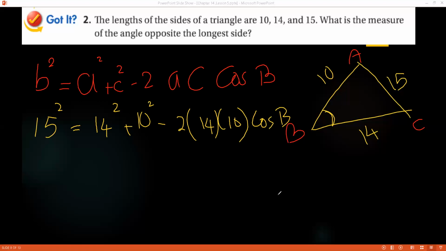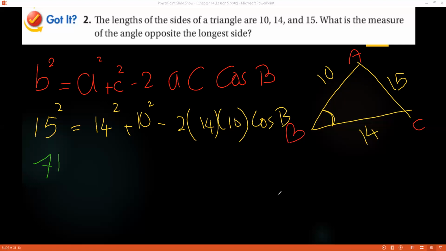Then now, 15 squared minus 14 squared minus 10 squared. 296 minus 15 squared, 71.